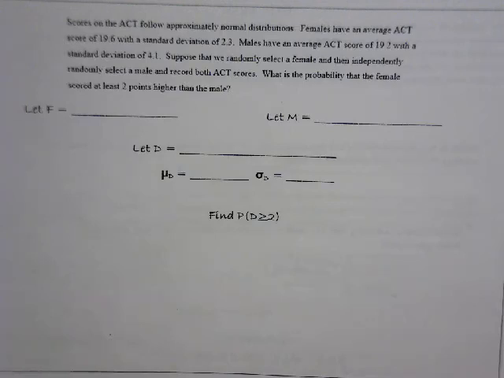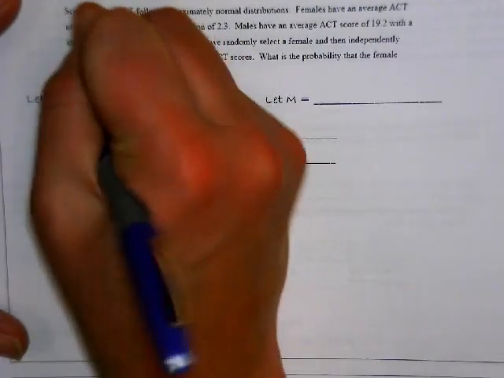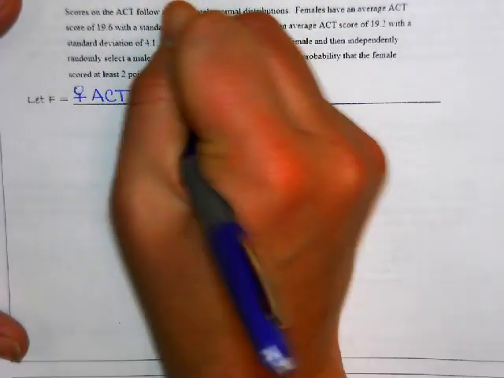So, a few things we need to do first. We're going to define our variables. So we're going to let F equal what? Male or female? Female. Okay, good. That way we can keep it straight. F is going to be the female ACT scores, and it tells us that females have an average of 19.6, standard deviation of 2.3.